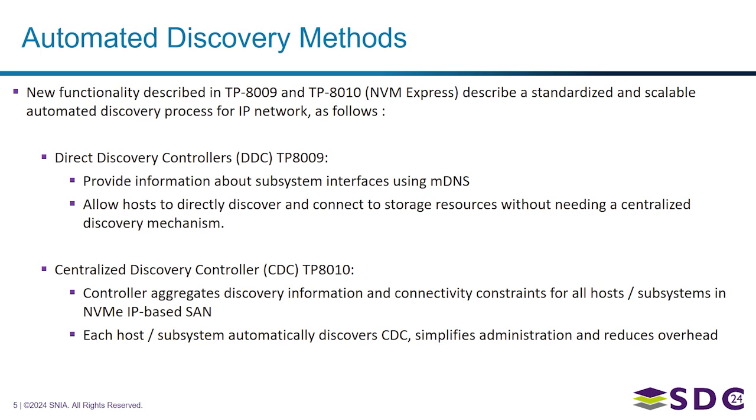When we talk about CDC, it gets all the information aggregated in a single place, and it is a lot easier process when a host wants to connect to the storage system and vice versa. We can think of it as if the Fibre Channel connection has a SAN A and SAN B. It gives the authorization for a host to talk only to the storage subsystems, and that way it provides security.